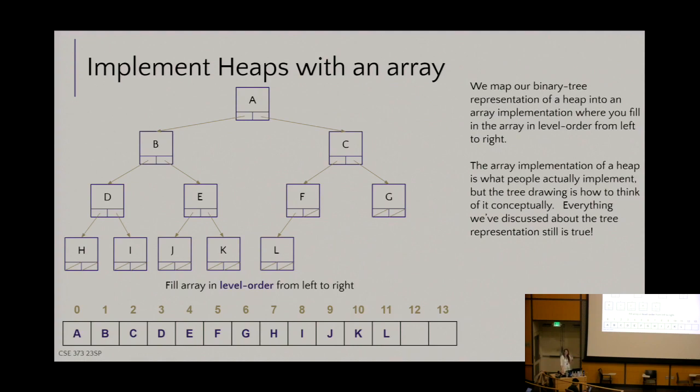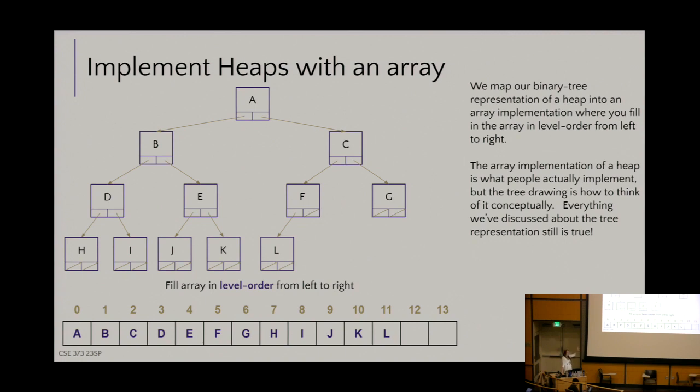The way that this will work in order to make our math nice and clean is that we fill up our array starting with the overall root. So the overall root, or the minimum value, will always be at index 0 in this context.